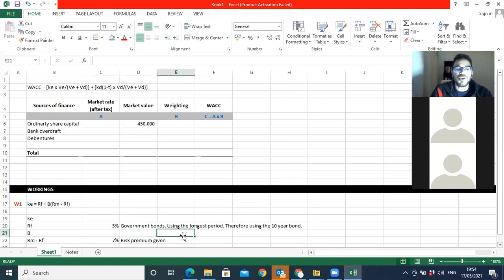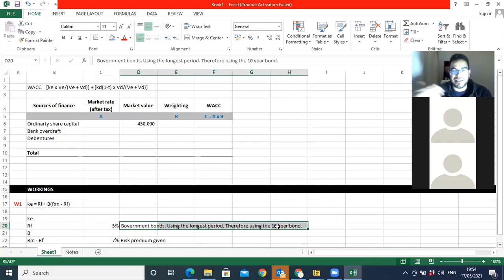So technically, we should be using the longest government bond of 10 years, because that is closest to equity, which is forever and ever. However, what they did here, they used the 4-year government bond. And the reason they give is that the proposed investment, which is this motel, is for a 4-year period.